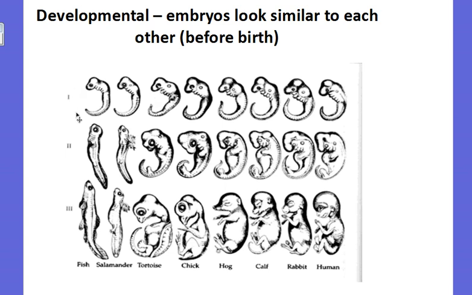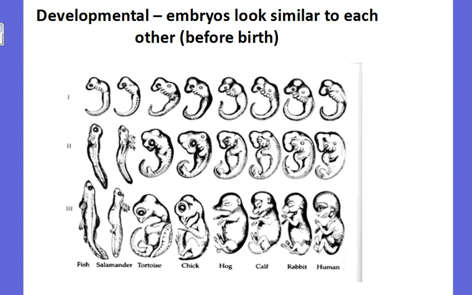Then as the development continues, they start to differentiate. They start to look more and more like what they're going to look like when they're born. Okay? And again, the more closely related they are, like these four right here, the hog, the calf, the rabbit, and the human, these are all mammals. So even here in this second stage, they all look pretty similar.